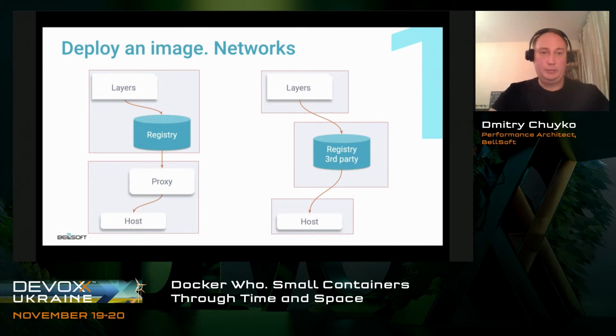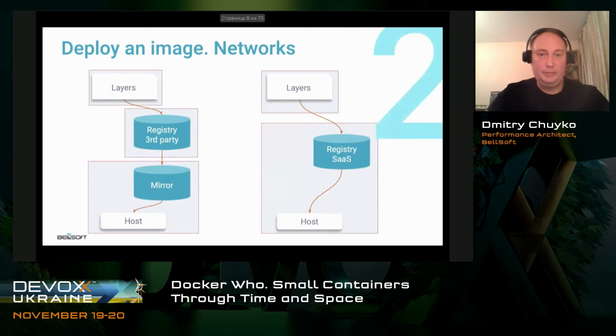And they may be split in different ways. So we may have a registry instance in our development network. That's quite possible. As I said, it may be a third-party one. It may be a SaaS in the same cloud where our production lives.